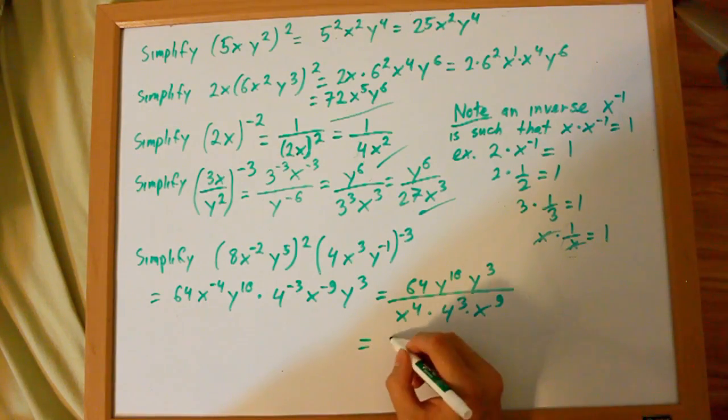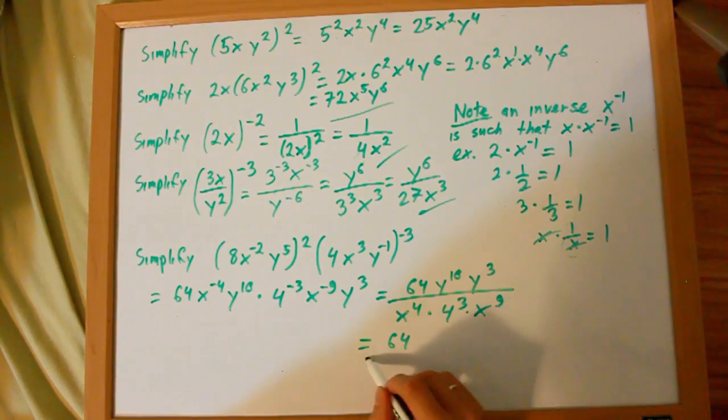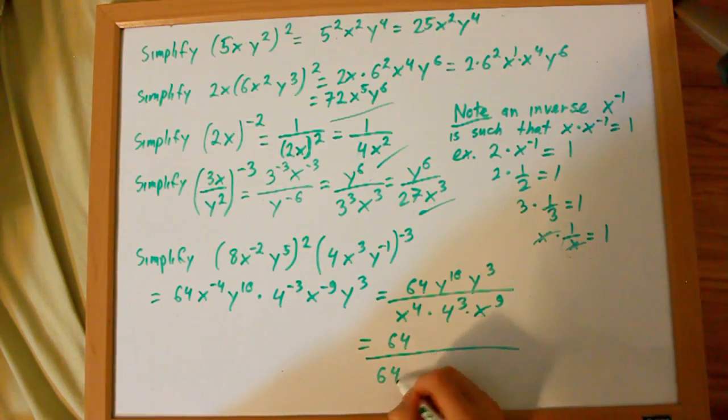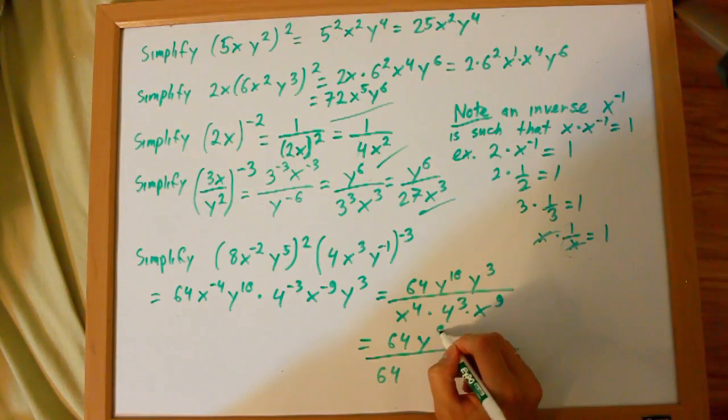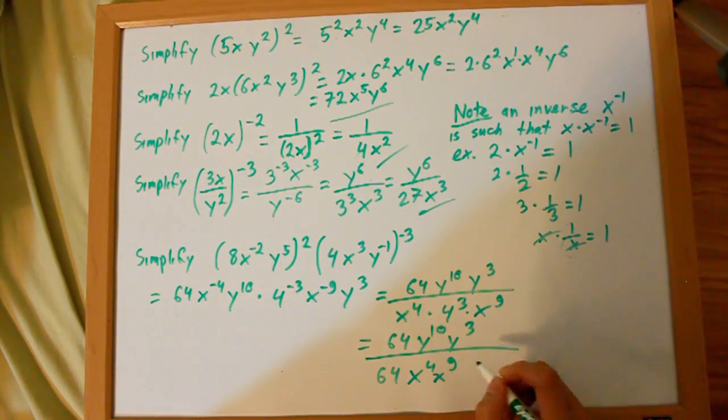So simplify. 4 to the third power is 64, so 64 down here. x to the fourth, x to the ninth.